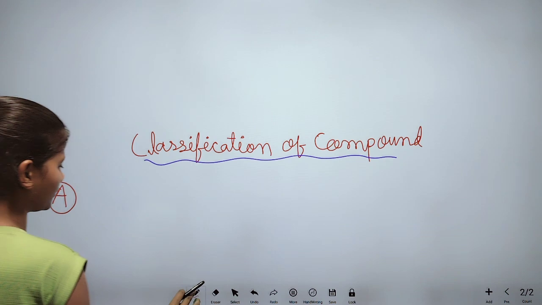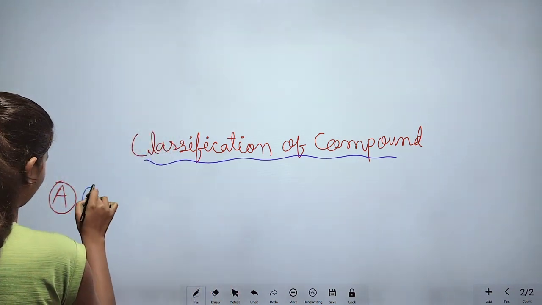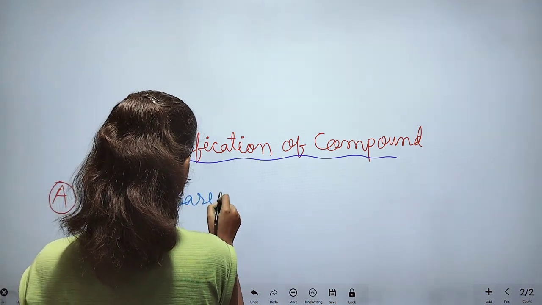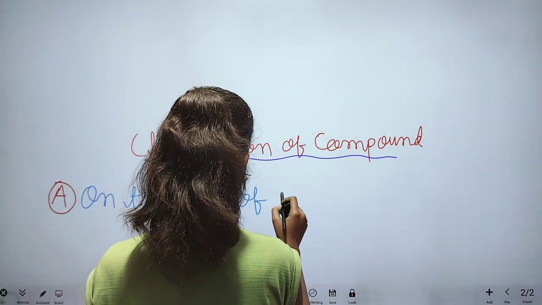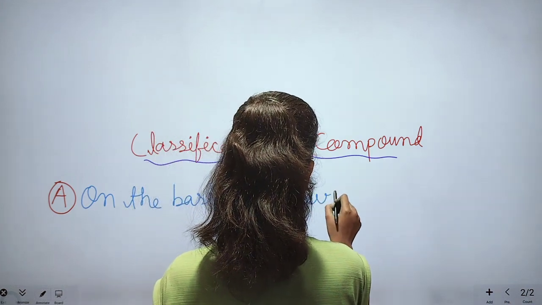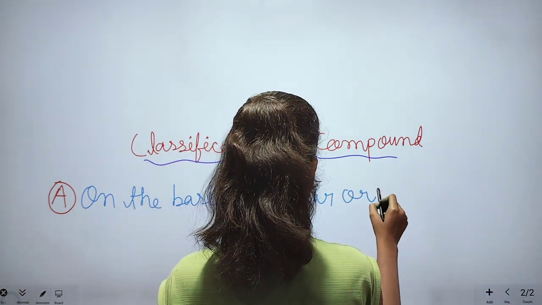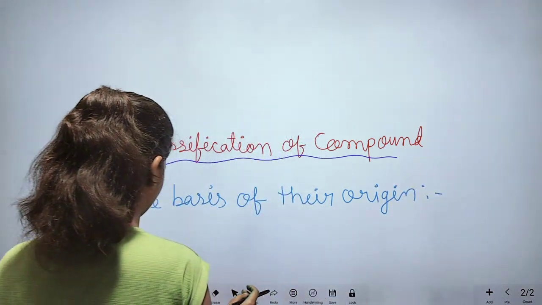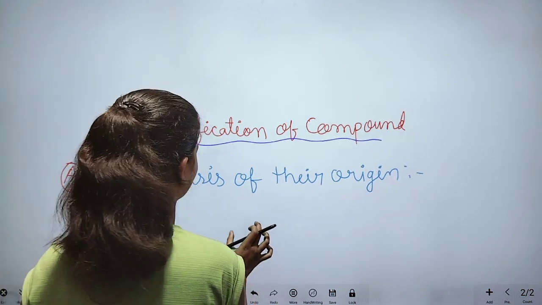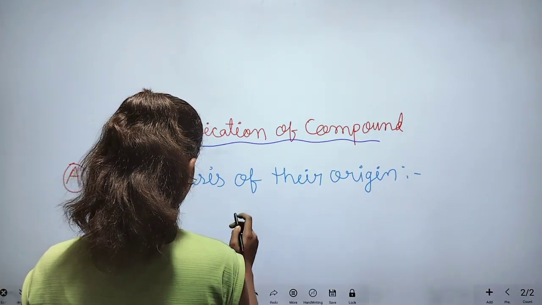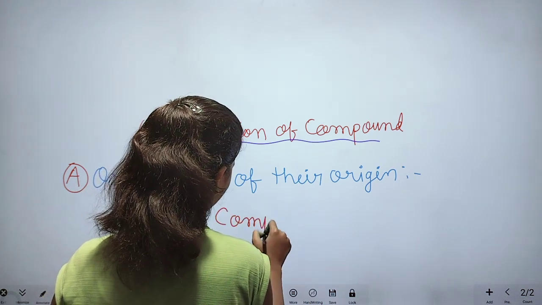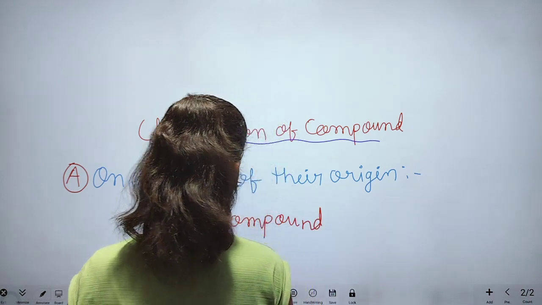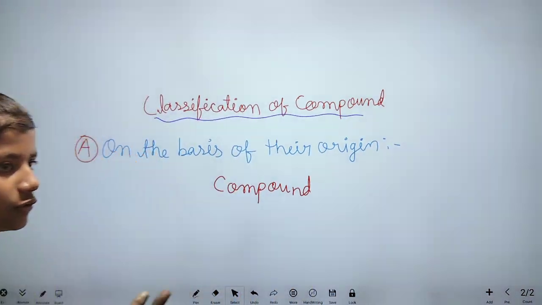A, on the basis of their origin, there are two types of compounds.